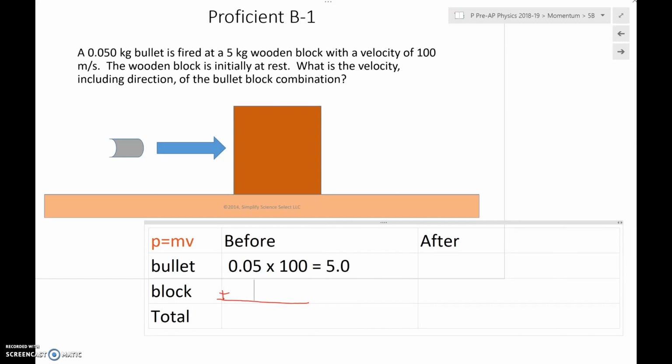Our other one is a 5 kilogram block, but it's at rest, so it has a momentum of 0. If I add those two things together, I end up with a momentum of 5 kilogram meters per second. So that's our before side. We just take each individual piece, find the momentum, and add them up.